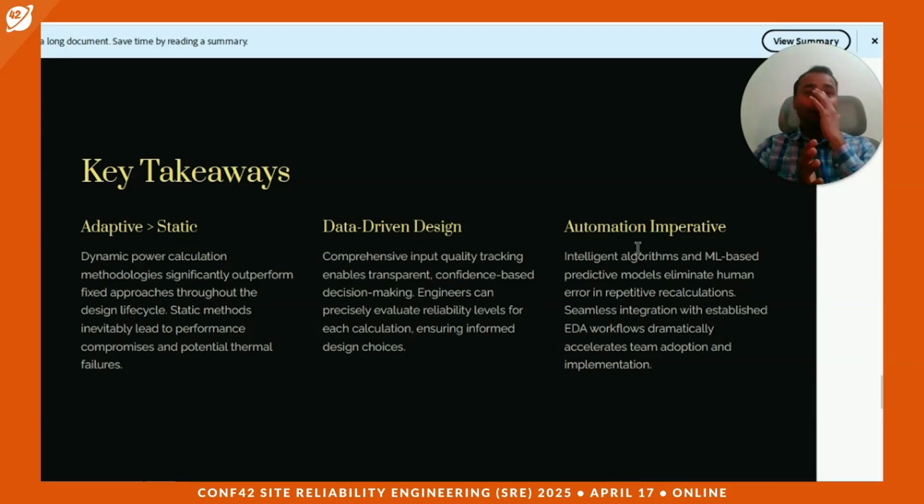Like I have seen that I have 4 cores which are switching simultaneously at the same time and consuming a lot of power. I provided this feedback to the architecture team, and they came up with a solution. Okay, let's not turn on all the cores at the same time.